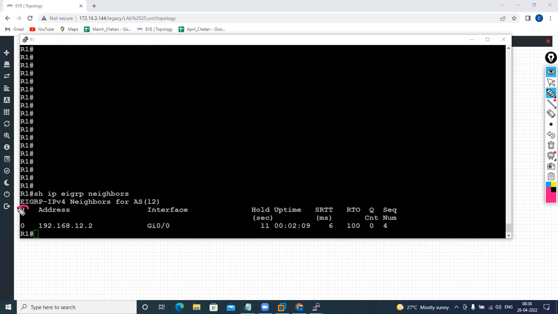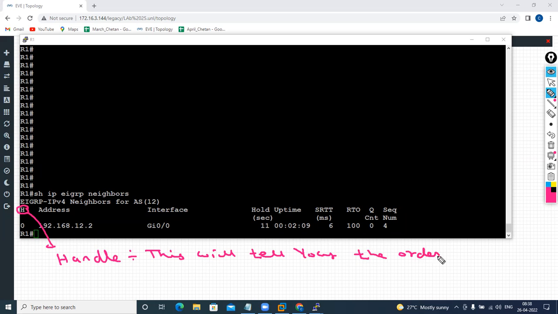So H stands for handle. Please make a note. Handle. This will tell you the order of EIGRP adjacencies formed.